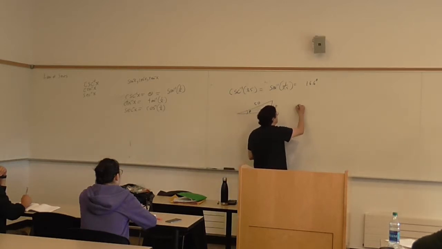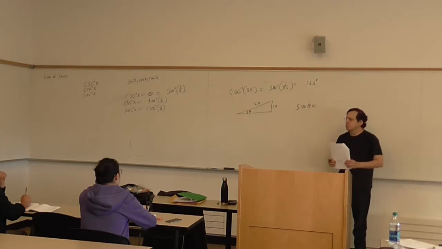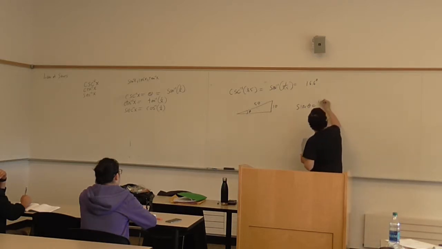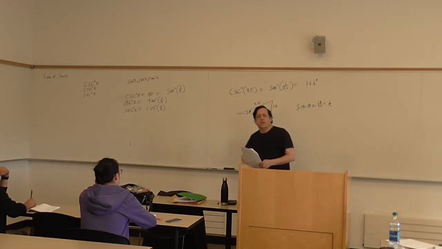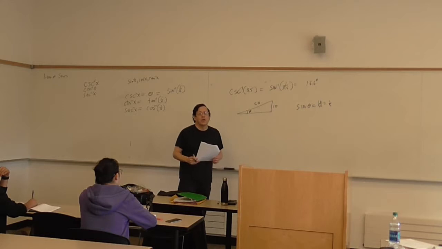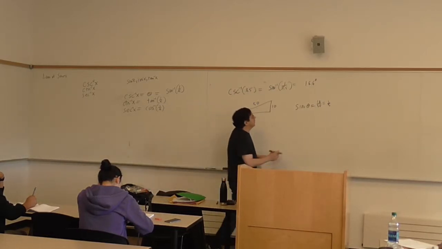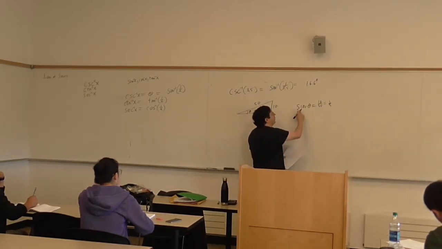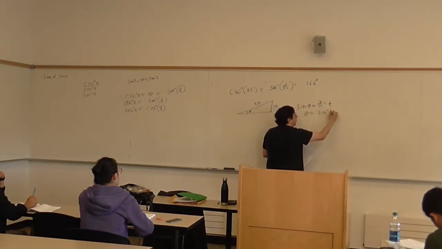Sine of theta, thank you, is what? 10 over 50, or 1/5. Okay, that's a good start. What do we need to do next? Take the inverse. Inverse sine of sine of theta is theta. So we just have the inverse sine of 1/5.